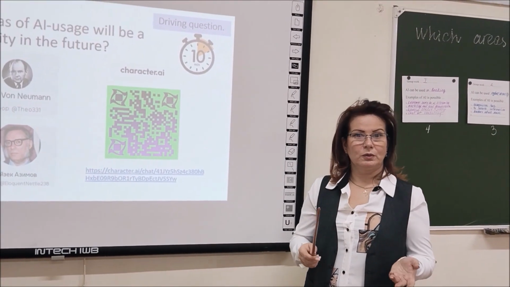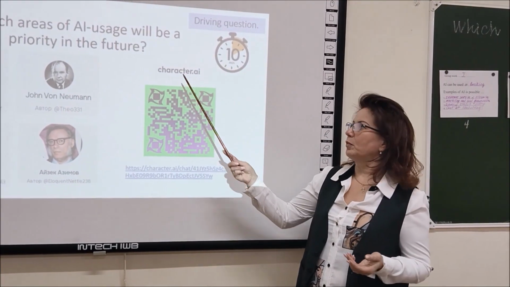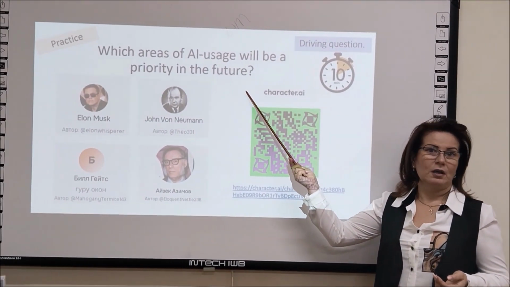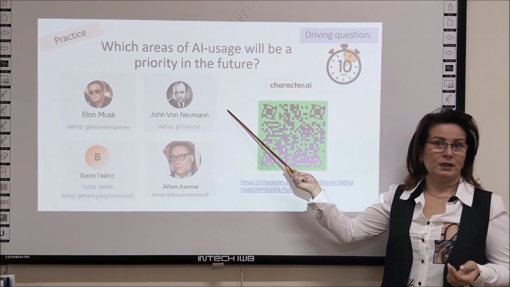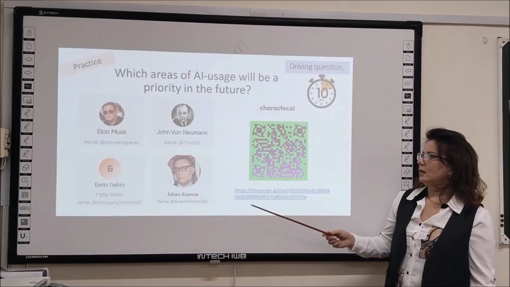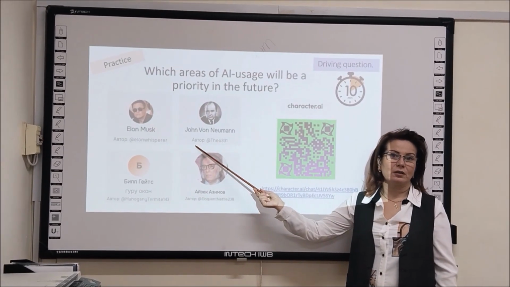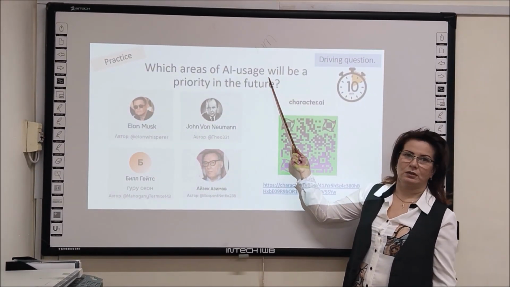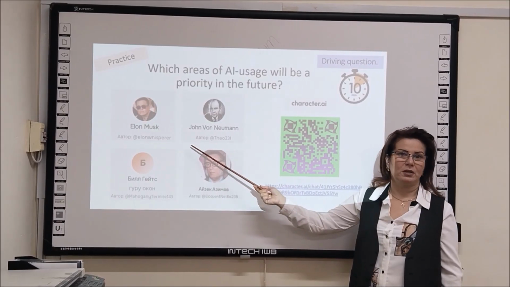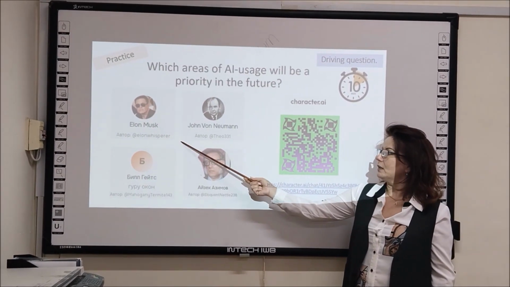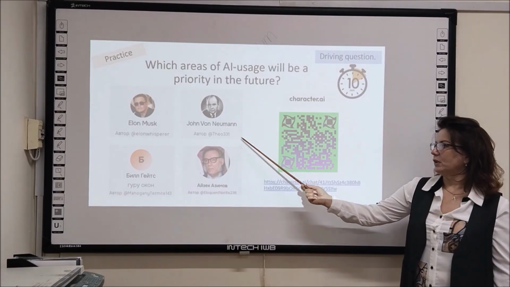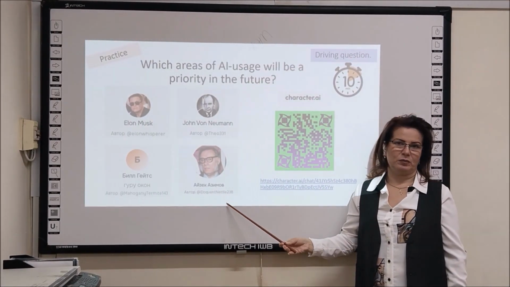Do you want to know what famous people in the computer world think about this question? Let me introduce the people who will answer our driving question: Elon Musk, John von Neumann, Bill Gates and Isaac Asimov.